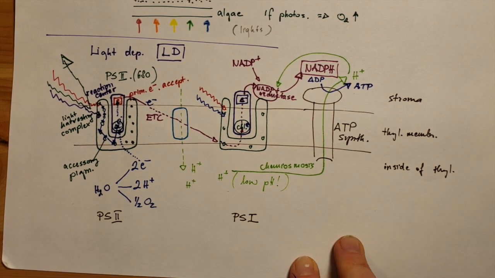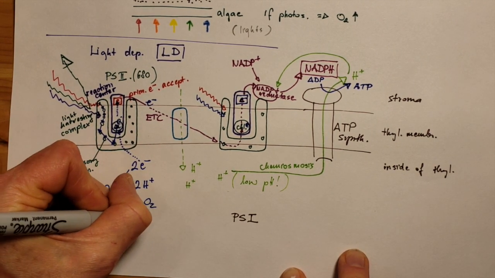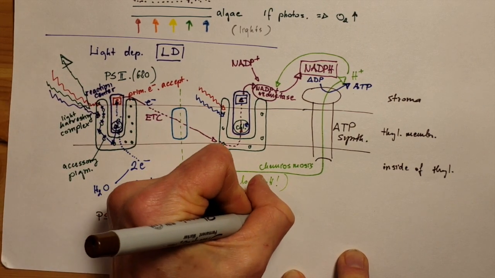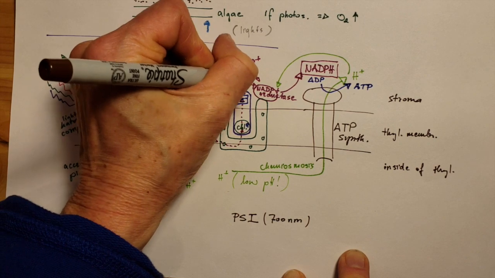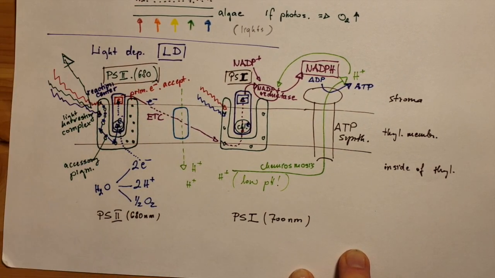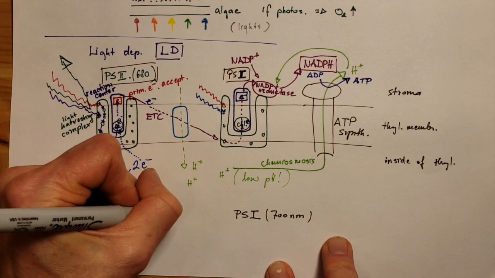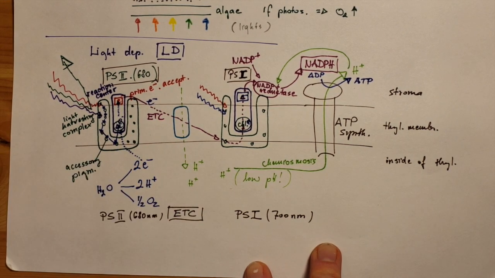Photosystem 2 is the strongest oxidizing agent. It's a strong oxidizing agent.